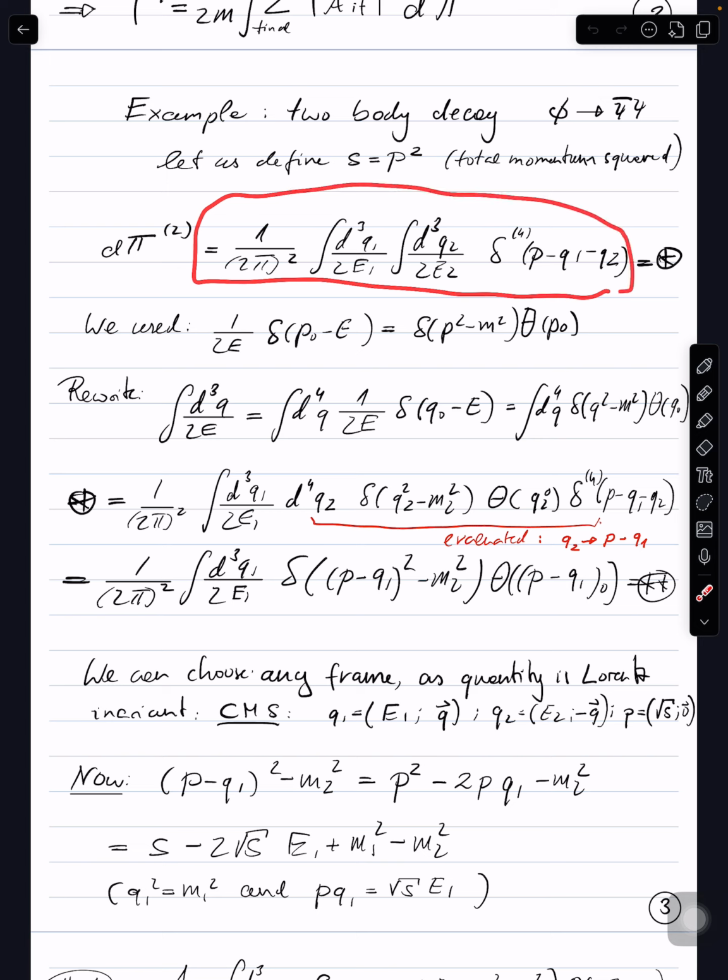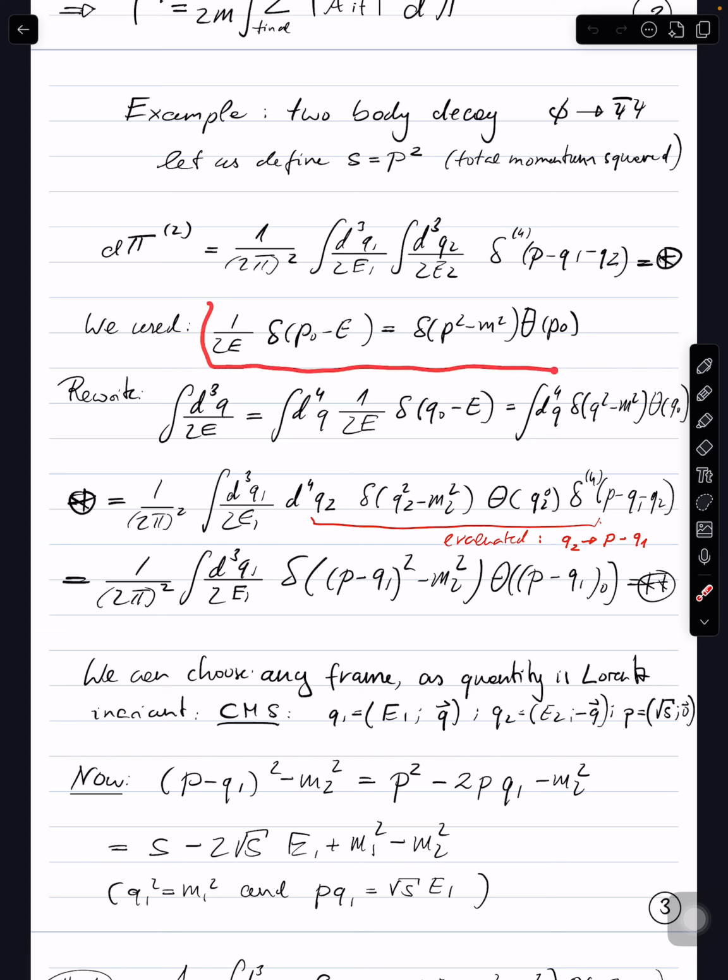We just write down the definition, the two integrals, and the delta function, and then we use this identity for the delta functions that we also used to derive the Lorentz invariance of the measure, to show that the one-dimensional energy part of the delta function can be used to incorporate these factors of 1 over 2 energy into the delta function, making it into a delta function that takes into account the momentum squared and the mass squared.